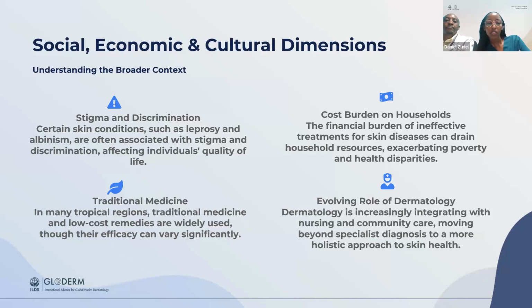So by the time you see a patient, they will have a lot of systemic involvement because the disease has spread, or they have organ toxicity because of the use of some of this herbal medication. And so we have a role as dermatologists in encouraging our patients to seek care early, and also educating people at the primary health care level to identify some of the symptoms so that they can refer the patients early for diagnosis and early treatment.